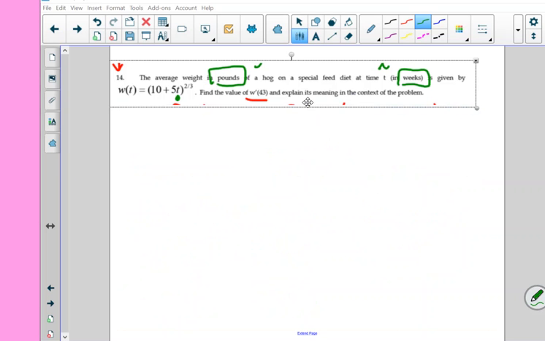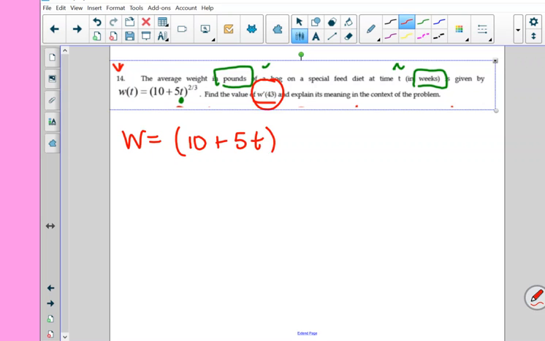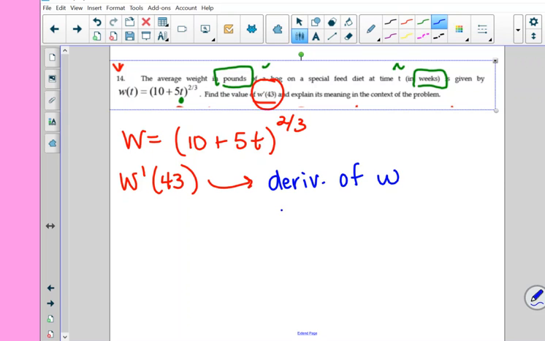All right, so it's a little messy here because I've written on it. My W function is 10 plus 5t to the 2/3, and I need W prime of 43. So that means I need the derivative of the W function, and I need to plug in 43.